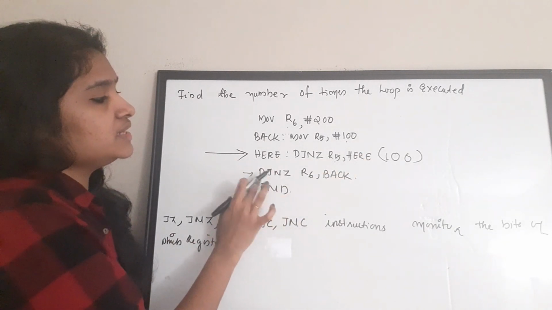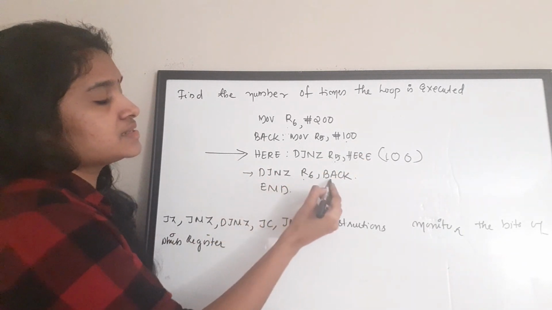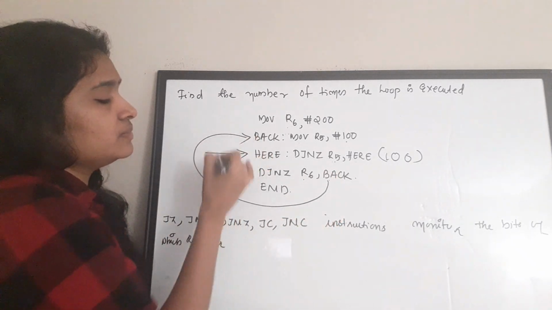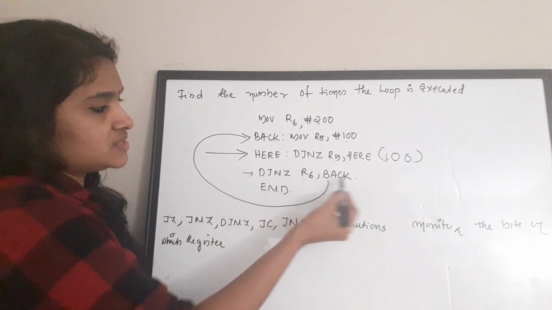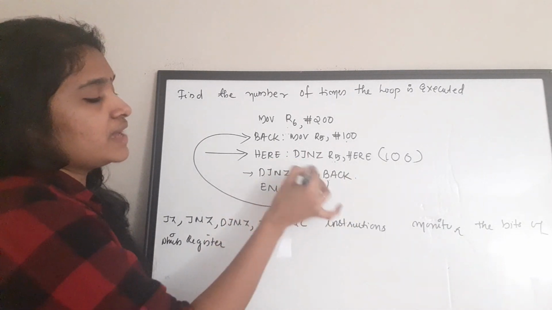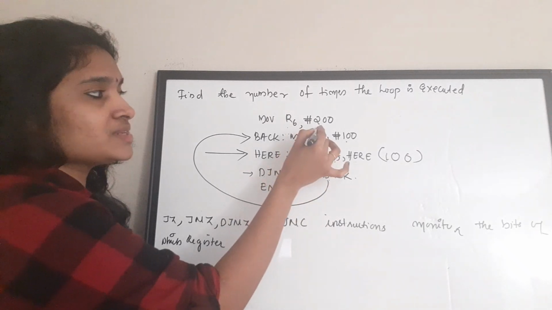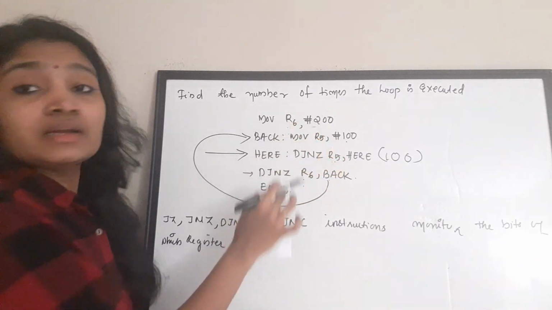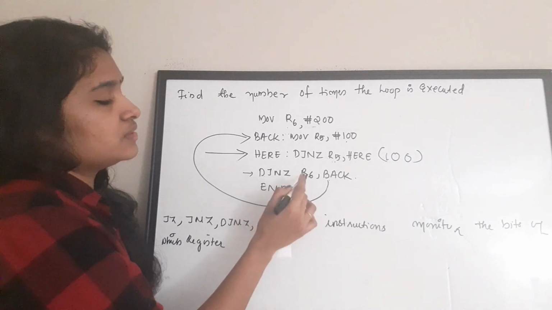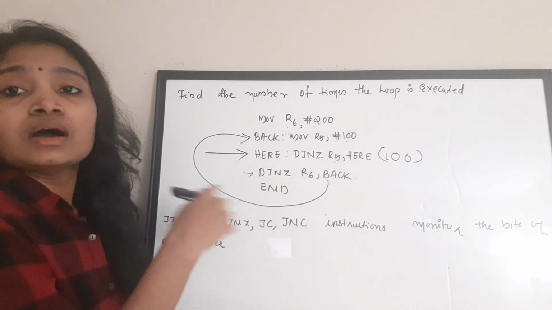Next statement, DJNZ R6, back. So this back label is actually present here. This instruction will decrement the value present in R6. And what value is present in R6? 200 is present in R6, right? So this will decrement the value of R6.